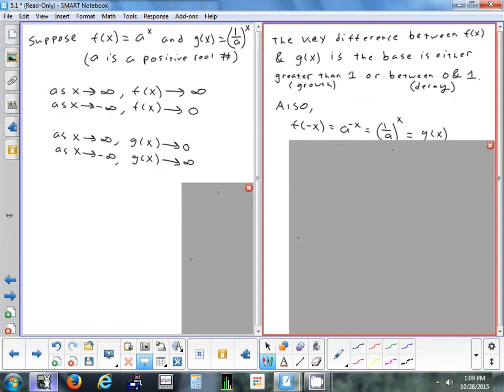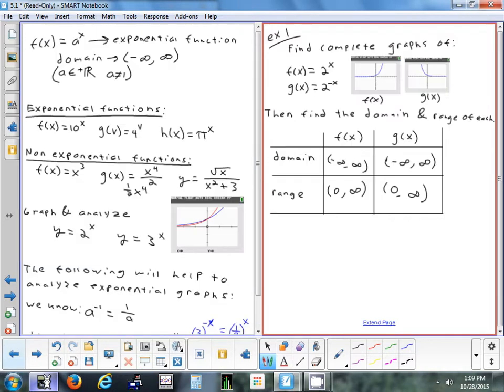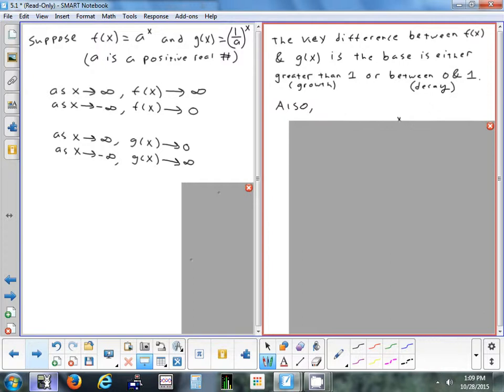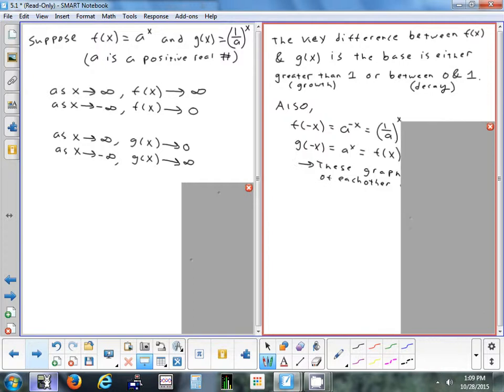And we just talked about how to rewrite a to the negative x. Right here. A to the negative x is the same as 1 over a to the x. Well, 1 over a to the x is really which other function? That's g of x.